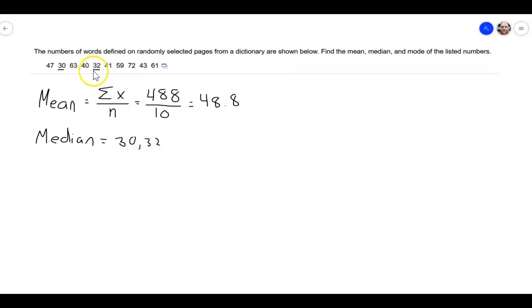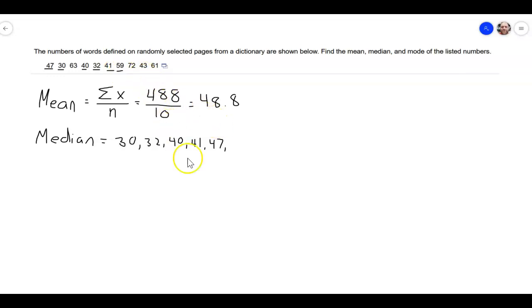And I don't think we have anything left in the 30s. So in the 40s, I've got a 40, a 41, and a 47. And then in the 50s, I think I just have a 59 there.